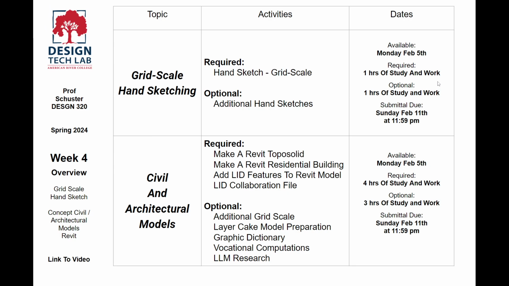The grid scale, again, about an hour's worth of work, not too much. It's due on Sunday, February 11th. And the main bulk here, 4 hours, you go, that's a lot for 4 hours. It's actually the TopoSolid, the residential. You'll see my demo videos take maybe 10, 15 minutes each.